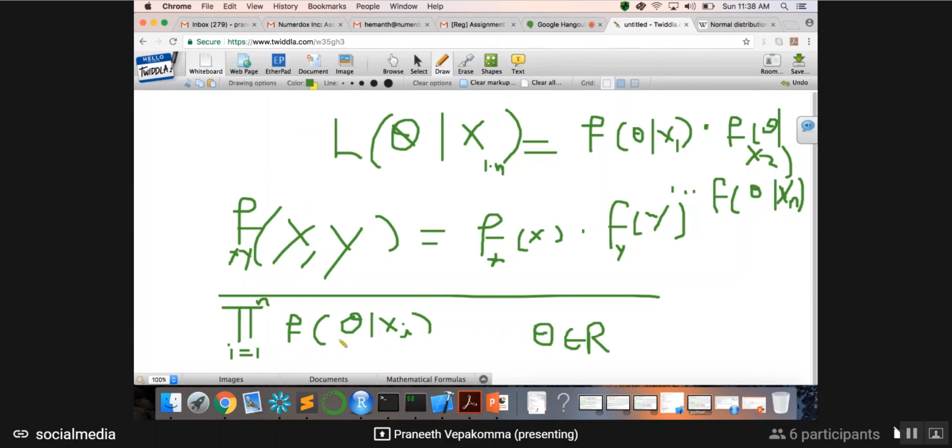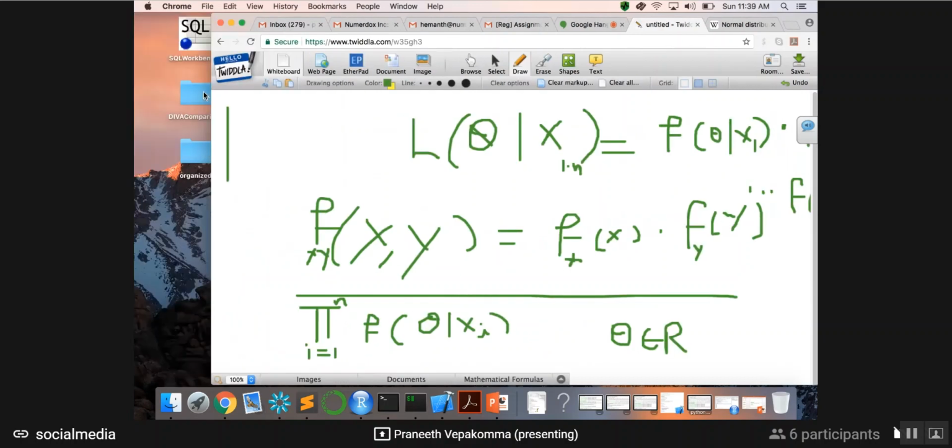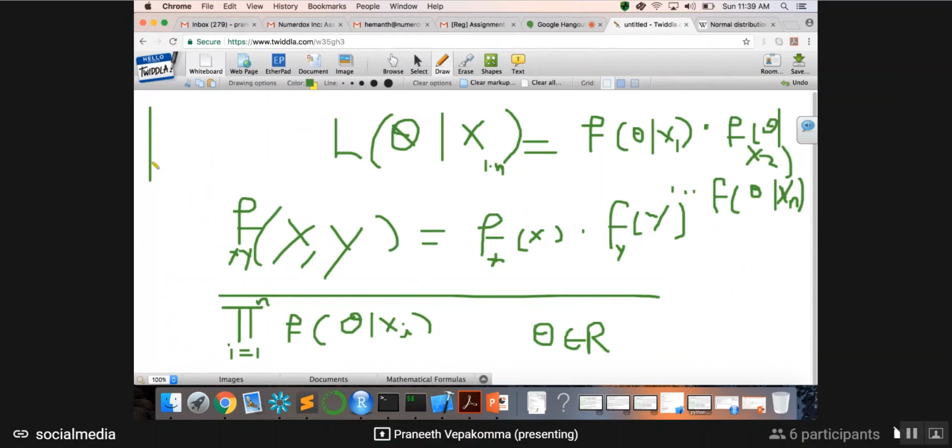Now, maximizing products is a little difficult because it's not as simple as a convex function, where you say the maxima is here or here. The function could be very complicated. It could have many local maxima and a global maximum, and you don't know where it is because it's a very complicated function. And x's are not just one-dimensional. You have a very high-dimensional function.